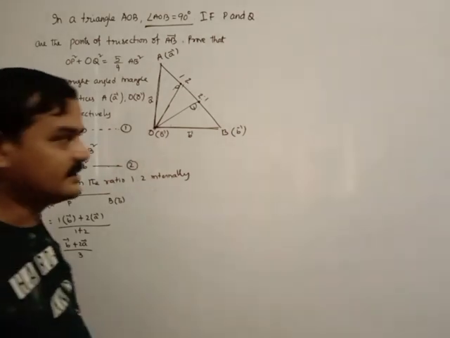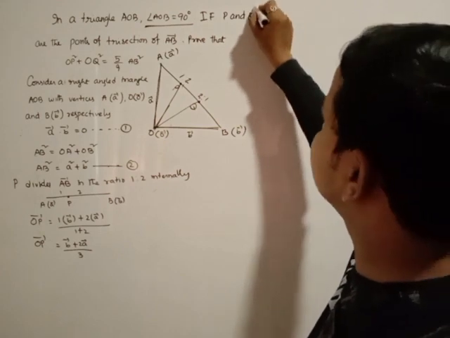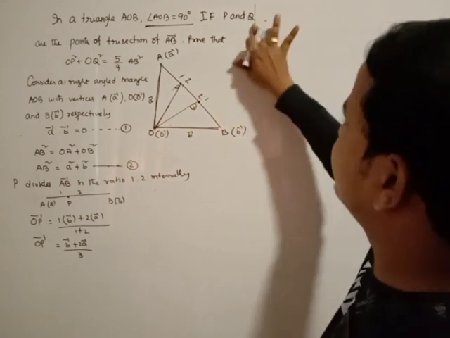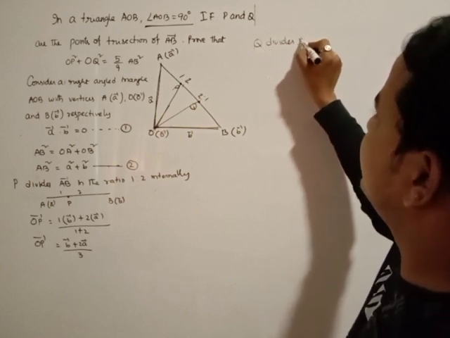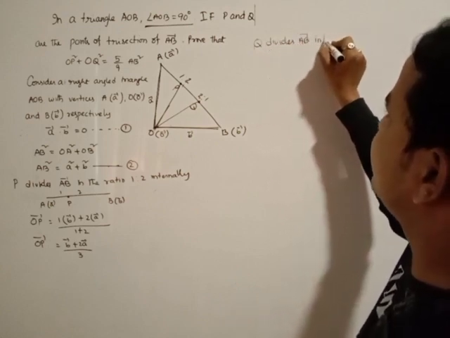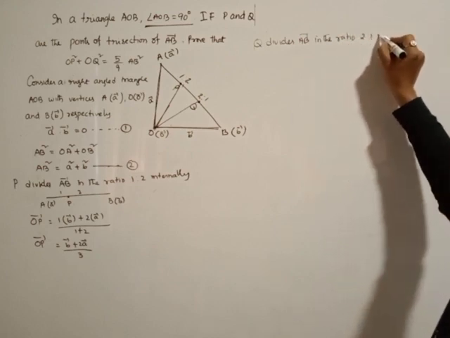Okay. Now what about Q? Q divides AB bar in the ratio 2:1 internally.